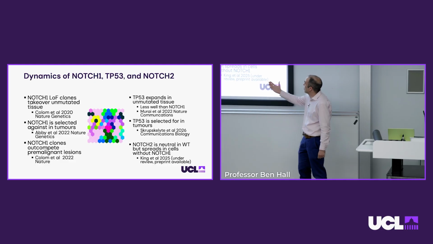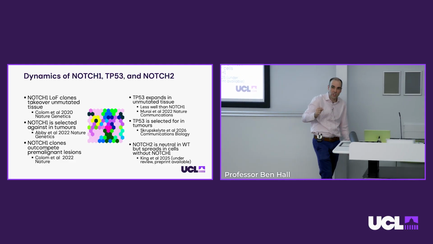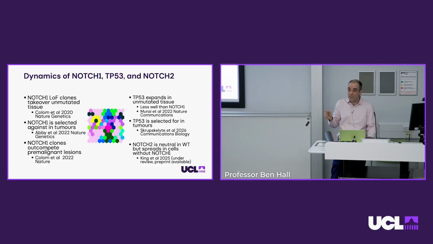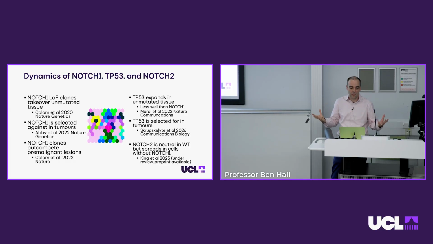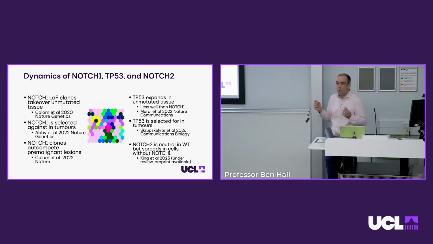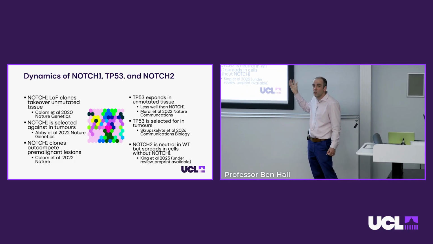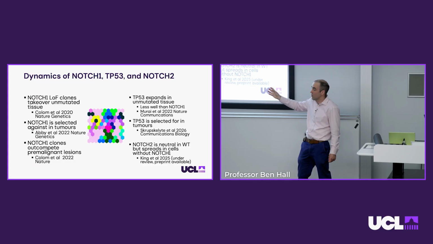So both Notch1 mutations and P53 mutations allow for expansion of genes in the unmutated tissue. P53 expands slightly less well than Notch1, but they both have a fitness advantage. But that's where the similarity ends, because P53 is selected for in tumours. It promotes carcinogenesis, whereas Notch1 is selected against in tumours.